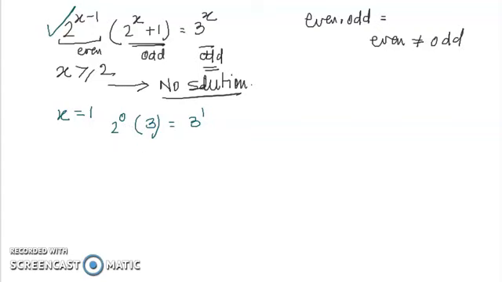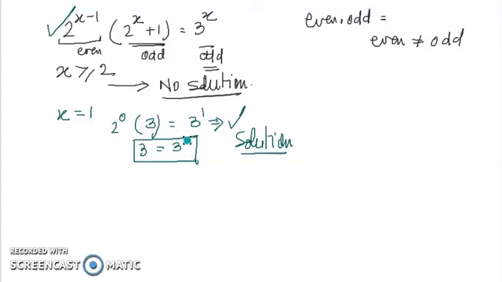Left hand side we are getting 3, and right hand side we are also getting 3. Therefore x equal to 1 is going to be our solution, because the left hand side and right hand side of this equation give a valid result. So x equal to 1 will be the solution.